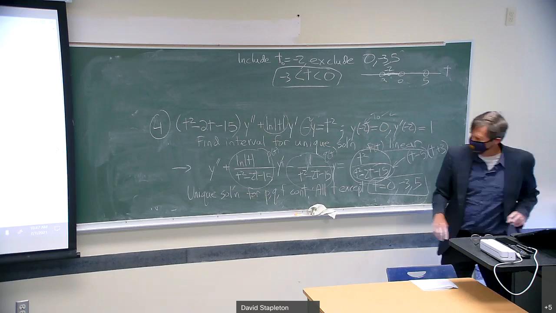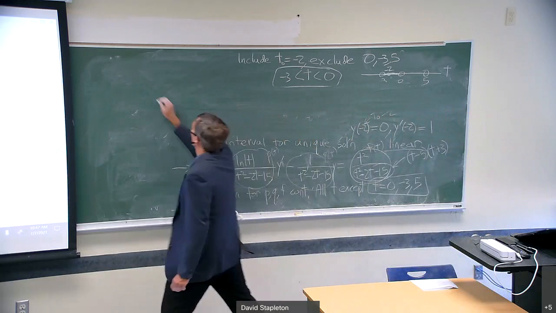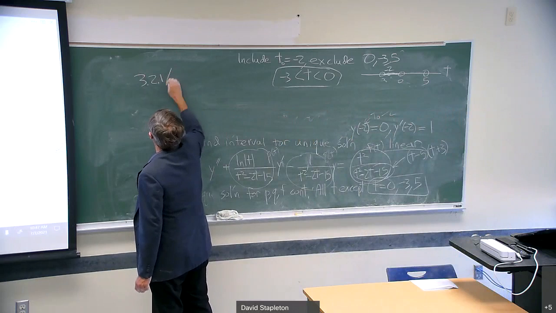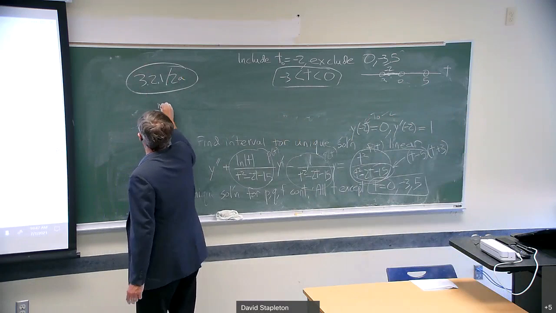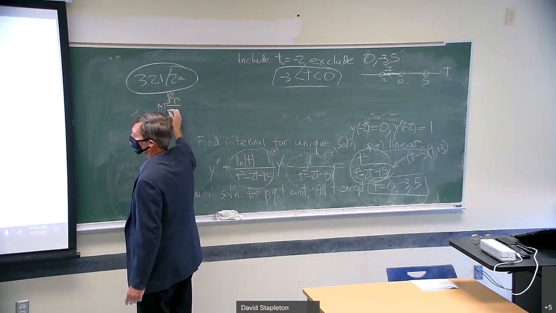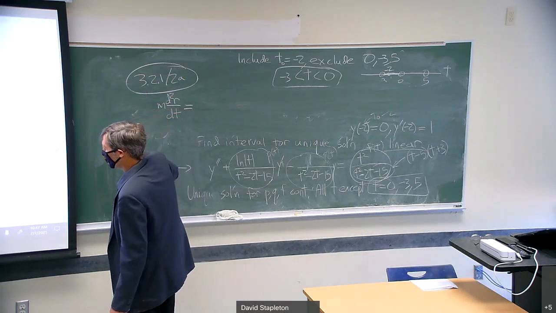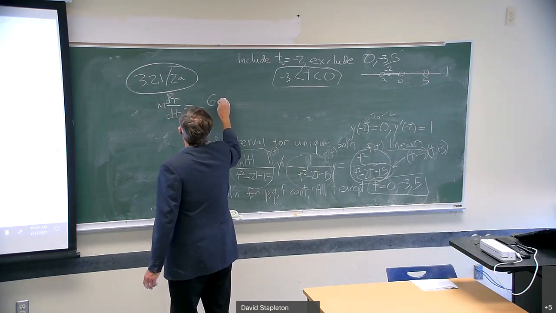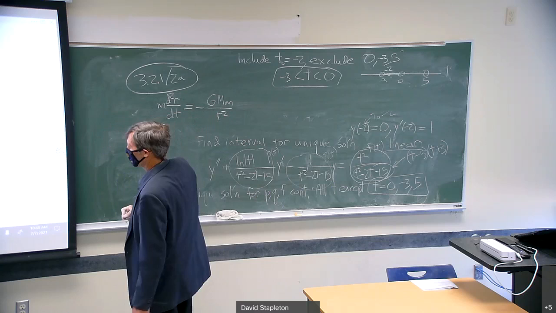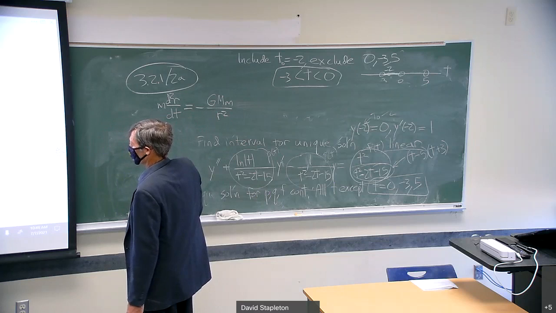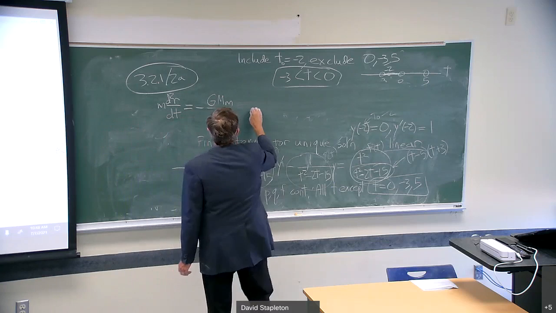Okay, 2A says this. I have m d squared r dt squared equals minus G M m over r squared as my differential equation, and I reduce this to first order by multiplying by an integrating factor, y prime.